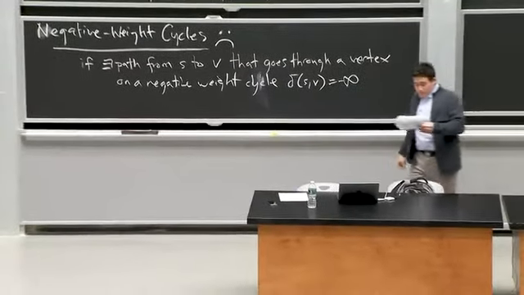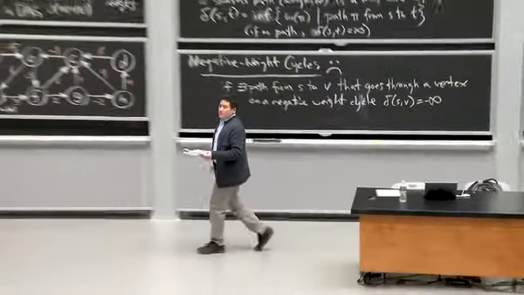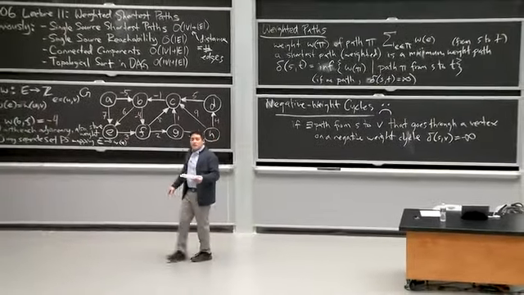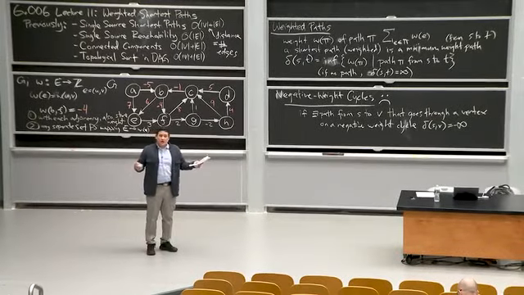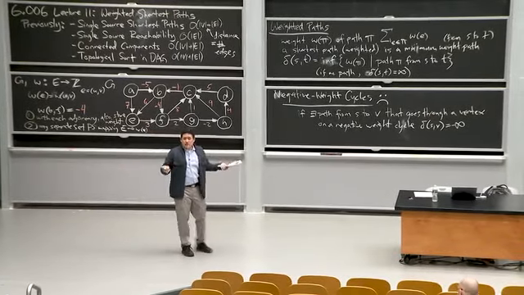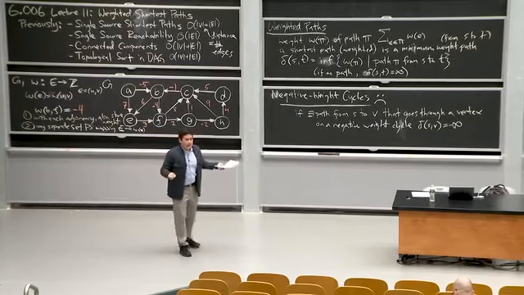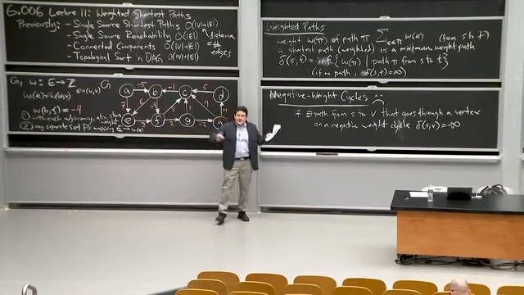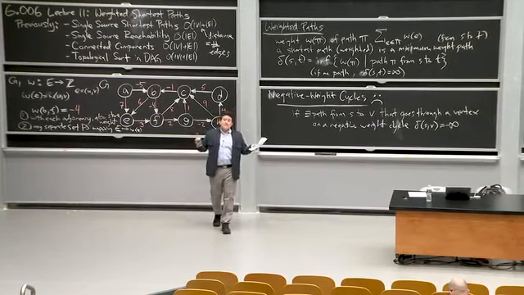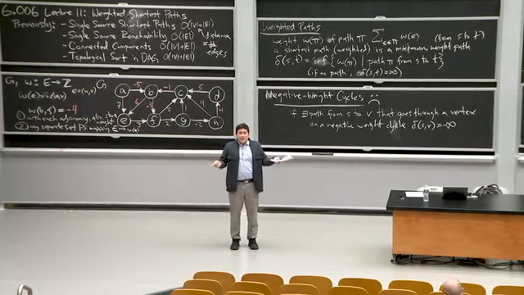Okay? And in such cases, in our shortest paths algorithm, we don't really care about what the shortest path is, right? We're not even going to deal with parent pointers here, because there is no finite length shortest path. So I'm just going to throw up my hands in the air and say, you know what, I can't return you a shortest path, but I might want to return to you a negative weight cycle, right?